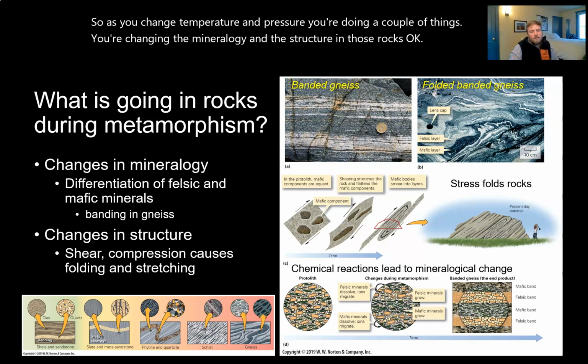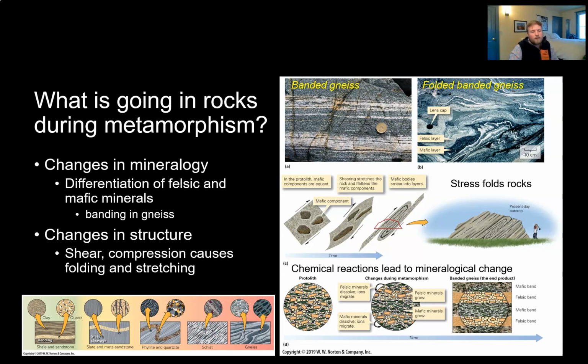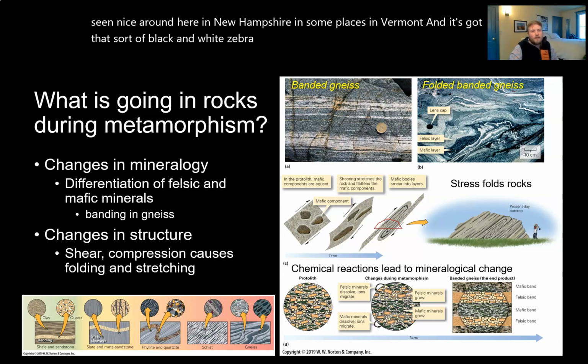And this will differentiate into felsic, remember the quartz-rich minerals, and mafic minerals, the ones that are rich in magnesium and iron, okay? That differentiation sorts the minerals out into bands. So gneiss, right? You've seen gneiss around here in New Hampshire and some places in Vermont, and it's got that black and white zebra striping to it, right? That's the banding from the arrangement of quartz-rich, light-colored minerals and mafic, dark-colored minerals.